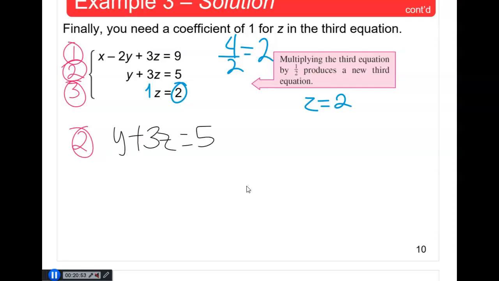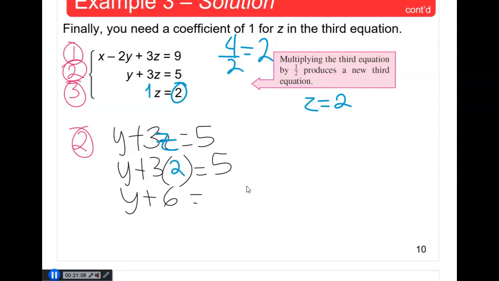And I'm going to substitute the variable z with the numerical value 2. So that will be y plus 3 times 2 is equal to 5. So then y plus 6 is equal to 5. So then y is equal to 5 minus 6. So y is equal to -1.